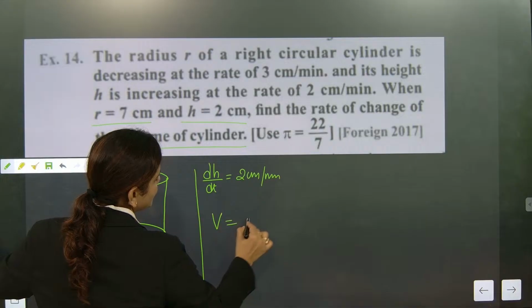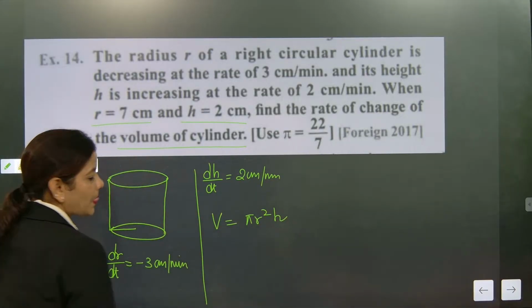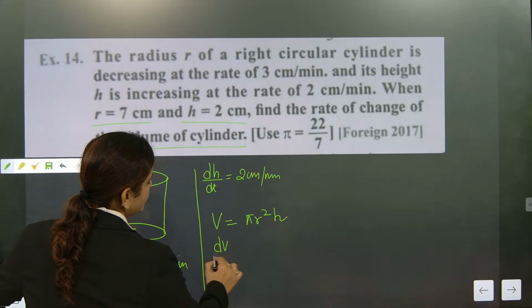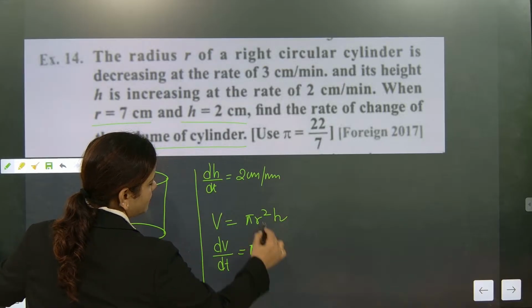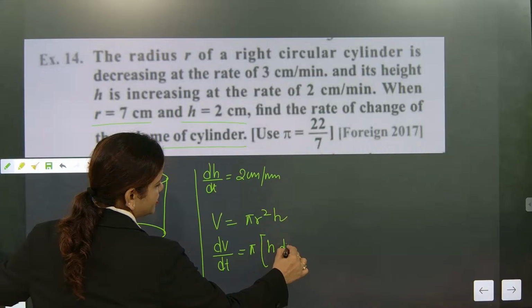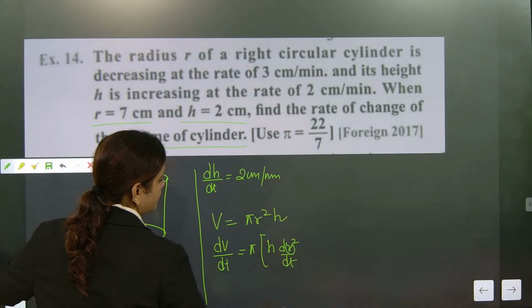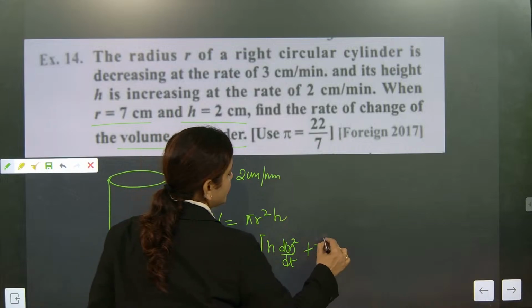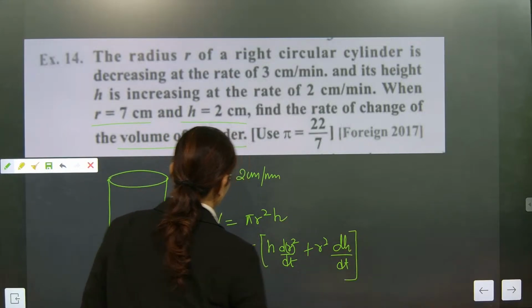So volume of cylinder is pi r square h. Done. So when you write dv by dt, pi, one time you leave height and differentiate radius with respect to time. One time you leave radius and differentiate height. Understood?